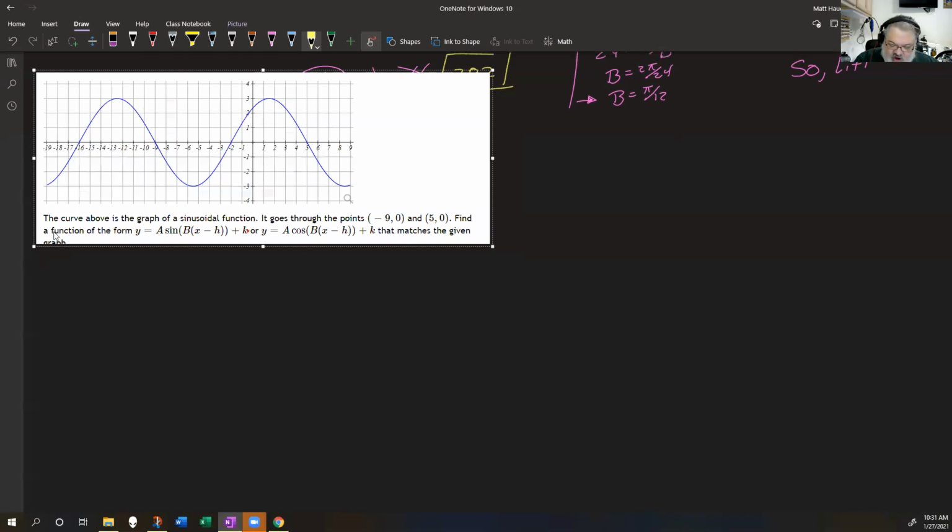Sorry, I can cut off the word graph down there. So here we're particularly told a couple of points just to help us interpret the graph a bit. But given that graph and those points, since we've done everything cosine so far, let's enforce that we do it with sine, just to make us practice.